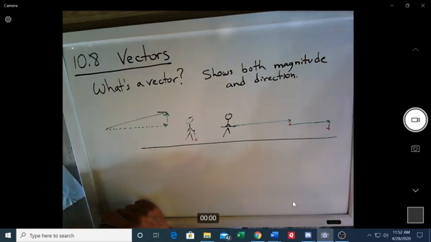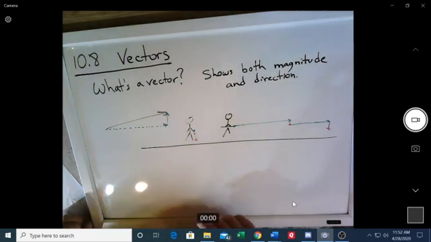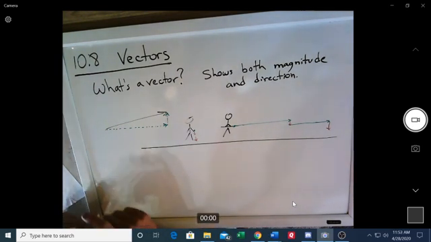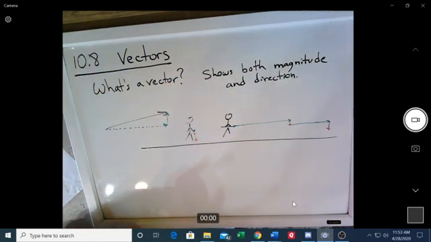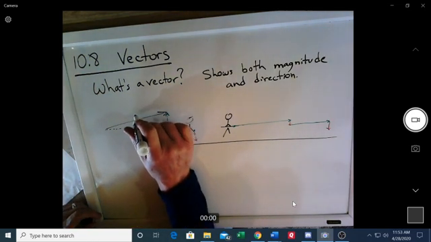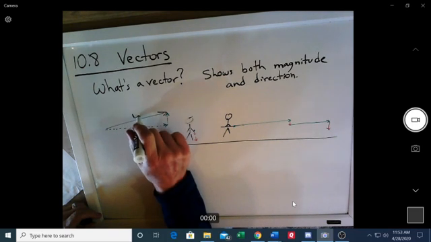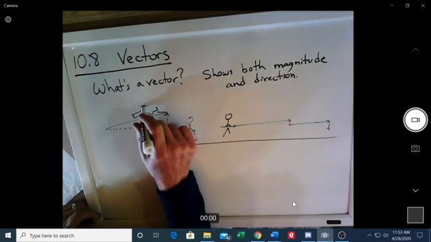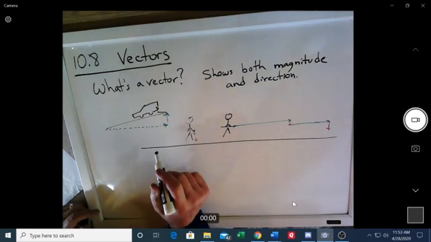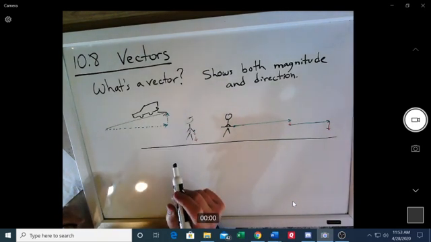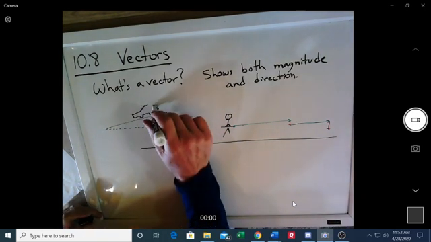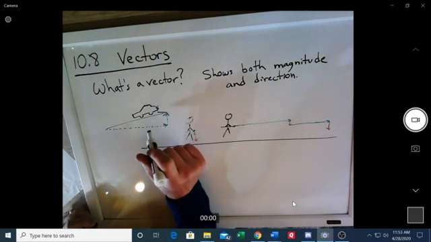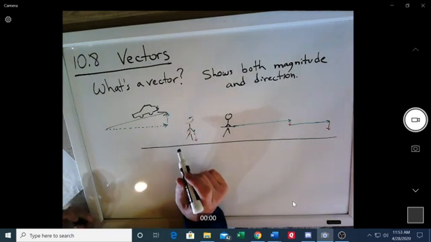Another thing that we can wind up doing with vectors that turns a difficult problem into a really easy problem is, suppose I have a car. Here's my car, and you've got to push this car.